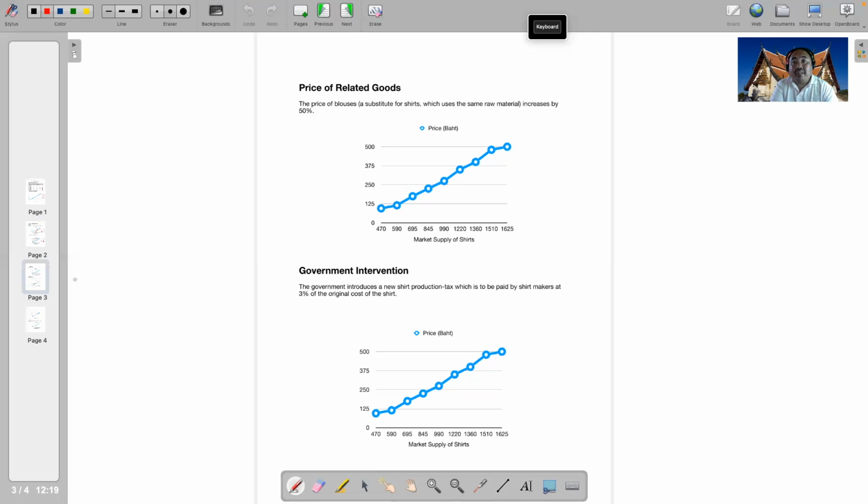I'll earn more money by selling blouses instead of shirts. So, what will happen to the supply of shirts in the market? It will obviously shift to the left. Why? Because suppliers now will change. Instead of making shirts, they will make blouses. All right. So that's for the price of related goods.